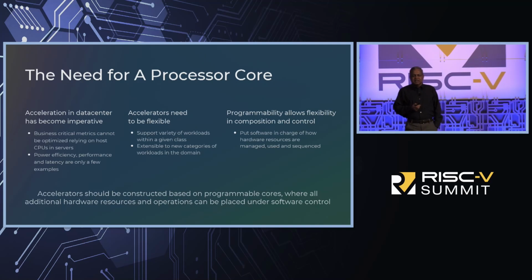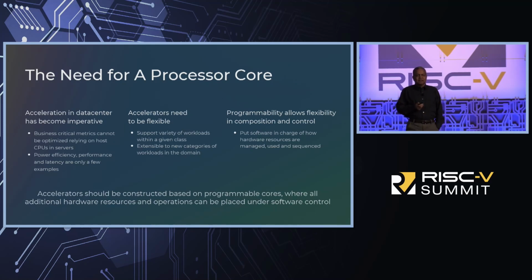So coming back to the need for a processor core, why do we need it? Acceleration in the data center has become extremely important for us. There are some business critical metrics we cannot really optimize using the basic CPUs that are available today.